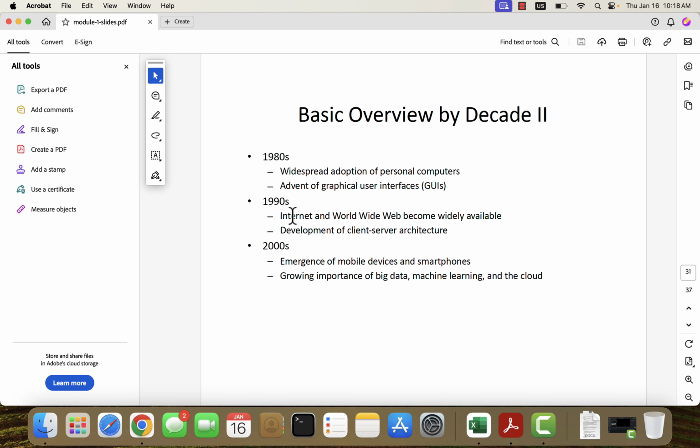Then in the 90s, that's when I would say we had the greatest breakthrough in computer science. That's when the internet became widely available, right? And obviously, this was enabled by the development of client-server architecture. This is an architecture where you have a system providing a service, and we as clients can leverage that service.